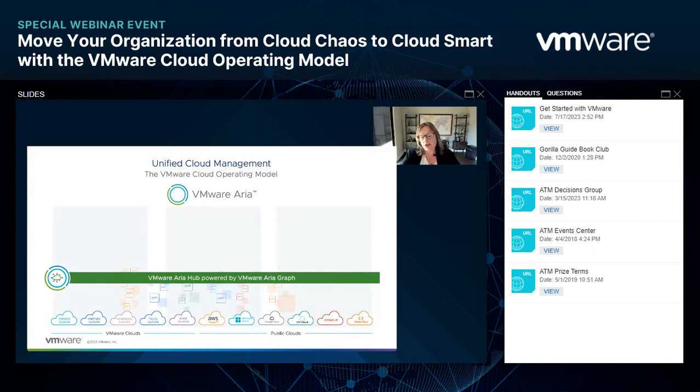So there is a new solution as part of the Aria portfolio called Aria Hub, and it's powered by Aria Graph. It's a SaaS solution that is a consistent data store of all of the different assets that you have across multi-cloud.